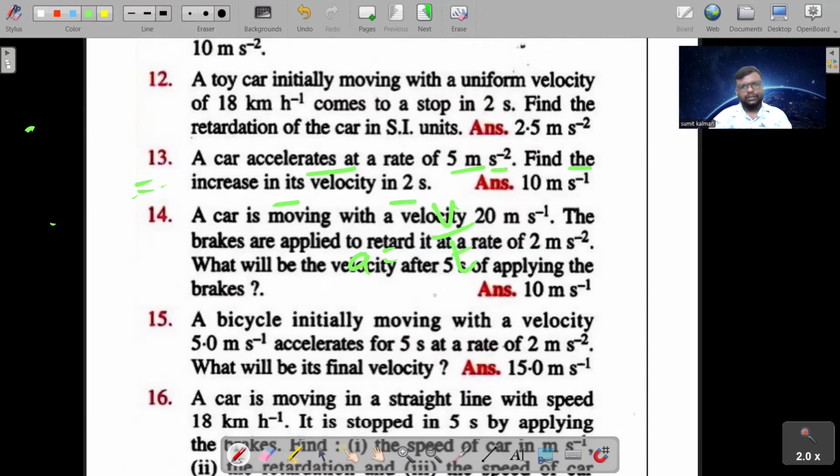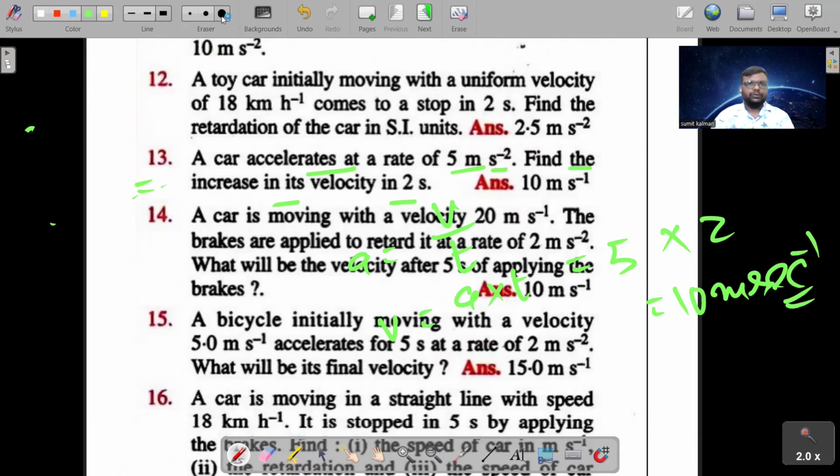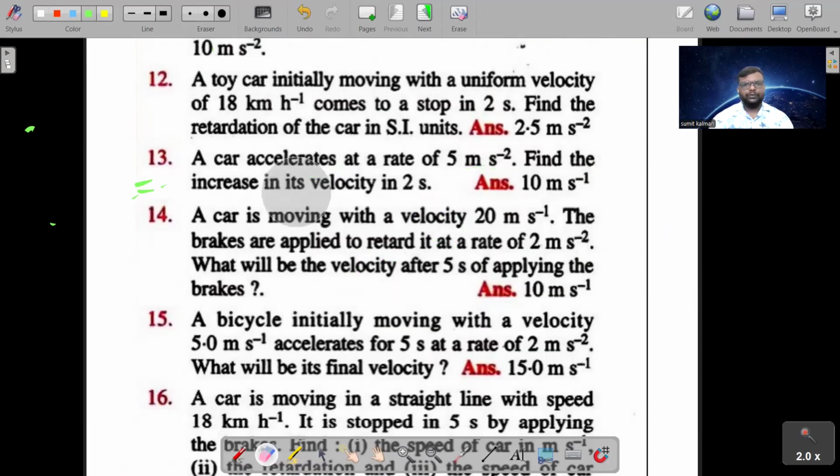Acceleration is 5 meter per second square and time is 2 seconds. So V is equal to A into T, acceleration into time. So 5 into 2 is equal to 10 meter per second. In this way, you have to solve this problem. Now next, problem number 14.